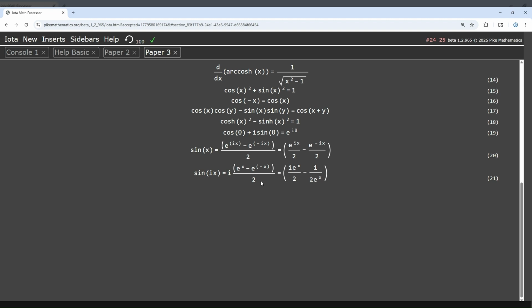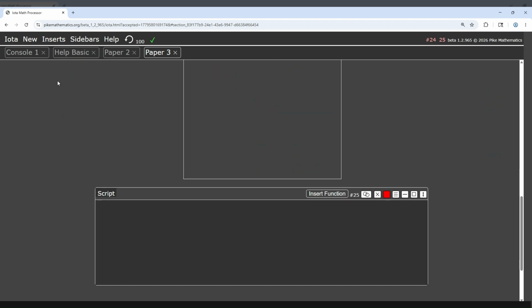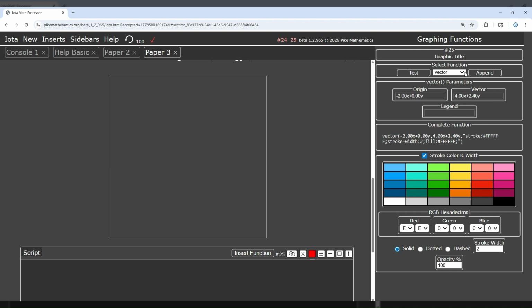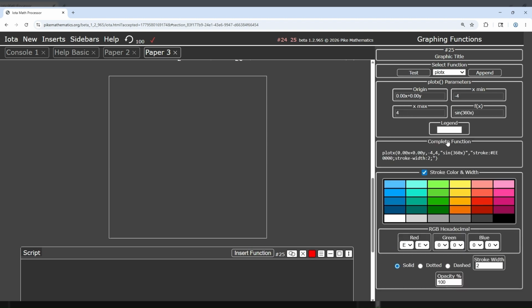I'd like to graph that right now. So I'm going to insert graphic. Okay. Let's say insert function. And go to plot x. Say sine hyperbolic of x.